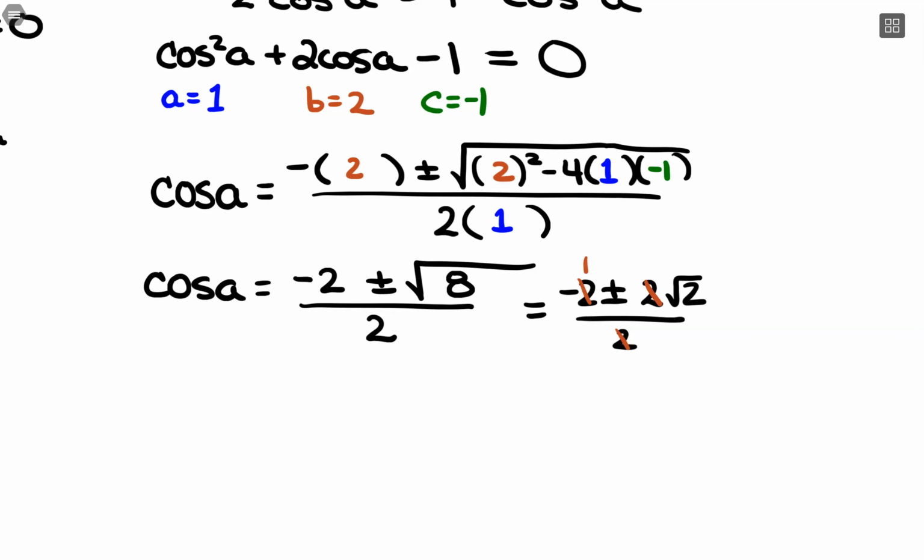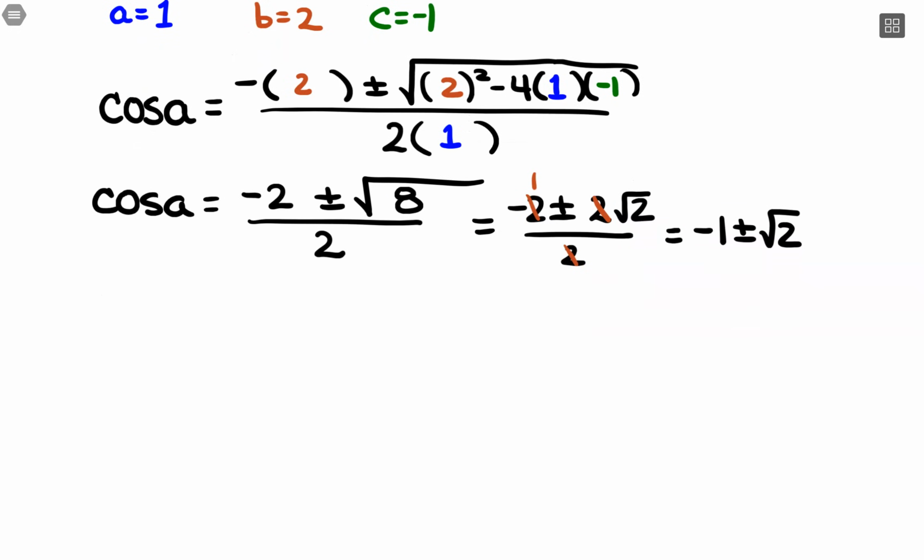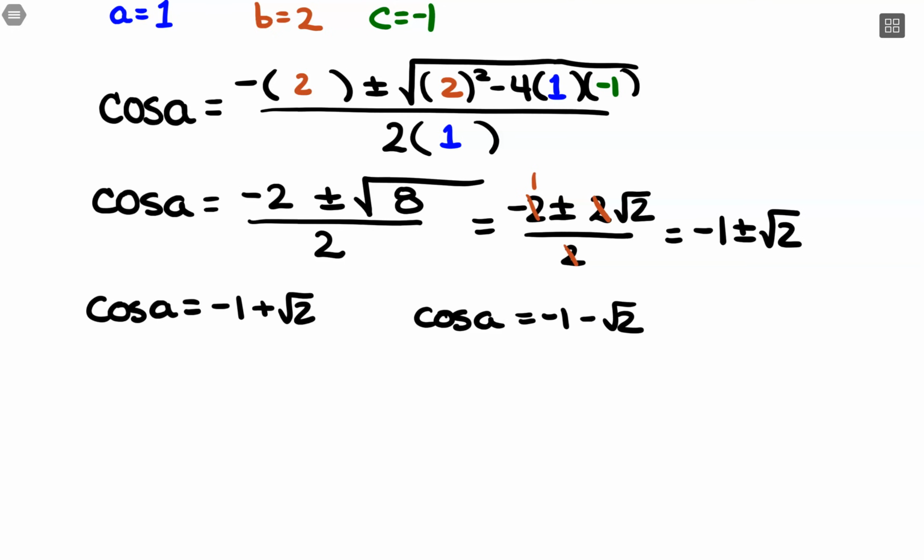So that'll leave me with -1 plus or minus root 2. All right, so this gives me two possibilities. We could have cosine is equal to the addition of those two values, or cosine is equal to the subtraction of those two values. So -1 minus root 2.